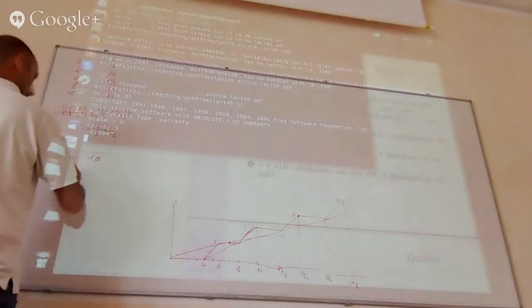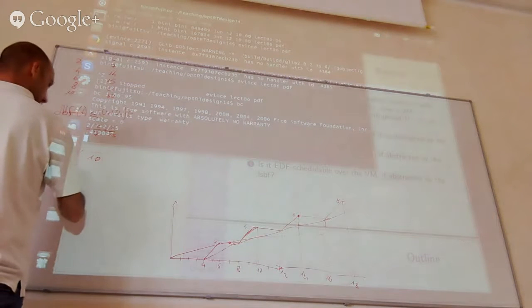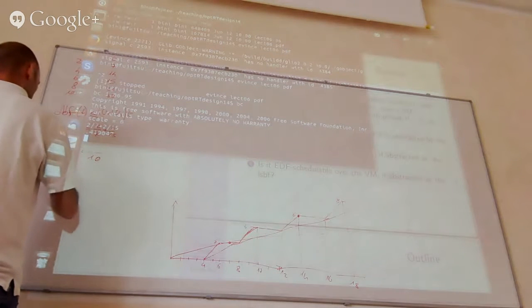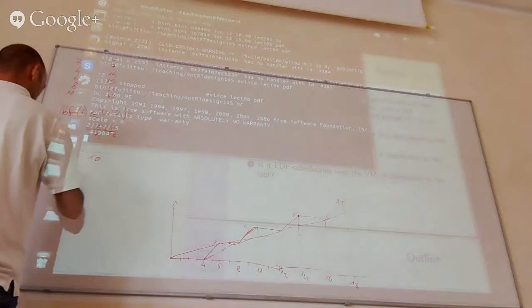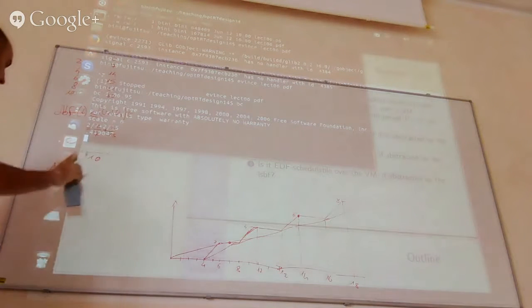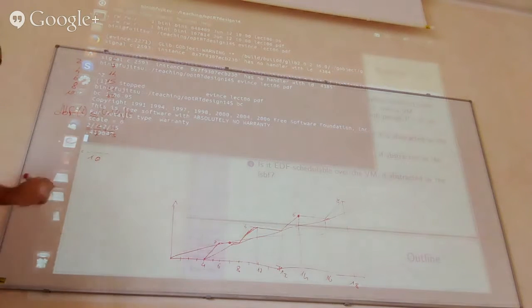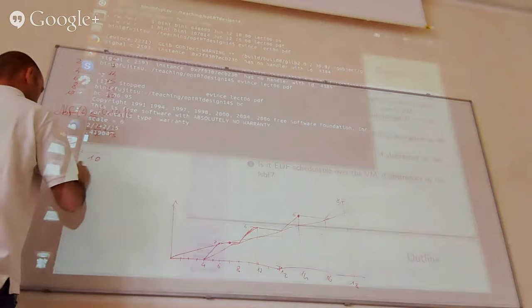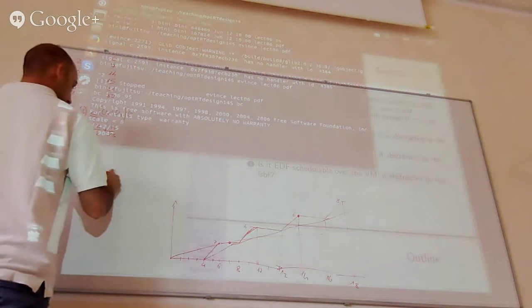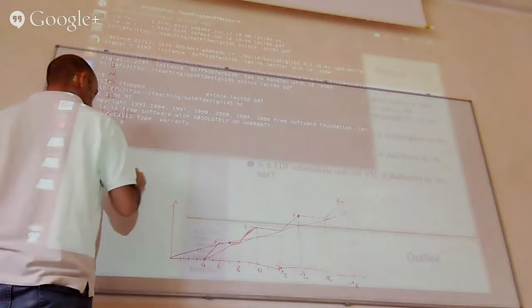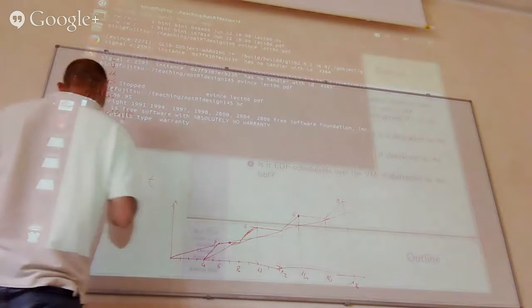So basically, we have to compute the intersection between alpha t minus delta equal to sum of u times t.